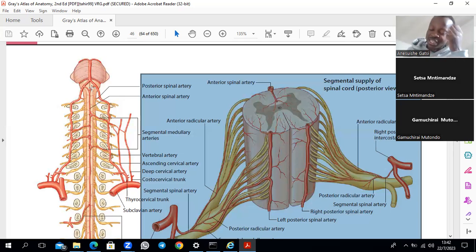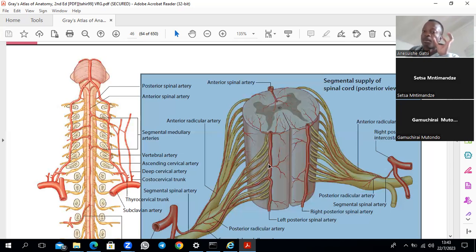The same vertebral arteries can also give me posterior spinal arteries, right? But in other cases, your posterior spinal artery will be a branch of an artery called the posterior inferior cerebellar artery. So PICA, posterior inferior cerebellar artery.